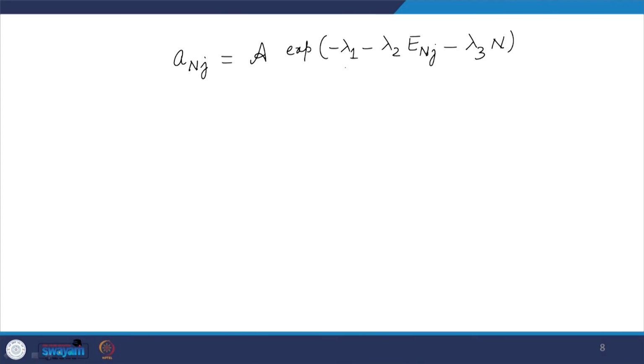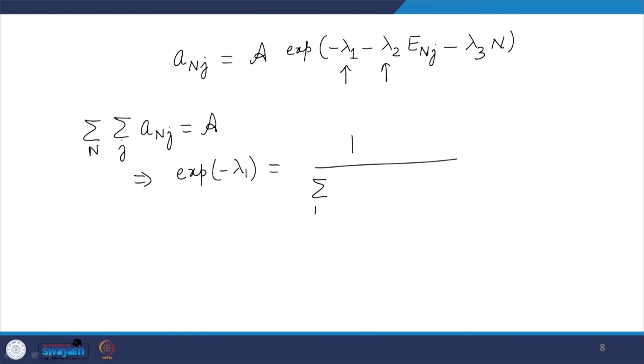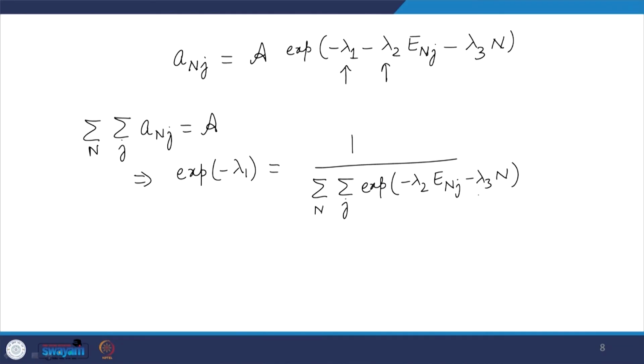The first and second parts bear similarity with the canonical ensemble, and actually lambda 1 we can get by using the constraint as I got for the canonical ensemble, the summation over N, summation over j of a_{N,j} is equal to A. If I do this in this case, what I get is exponential of minus lambda 1 is 1 over the summation over N, summation over j of exponential of minus lambda 2 E_{N,j} minus lambda 3 N. Pretty much the same thing as earlier, but now we have one extra summation and one extra term right here.